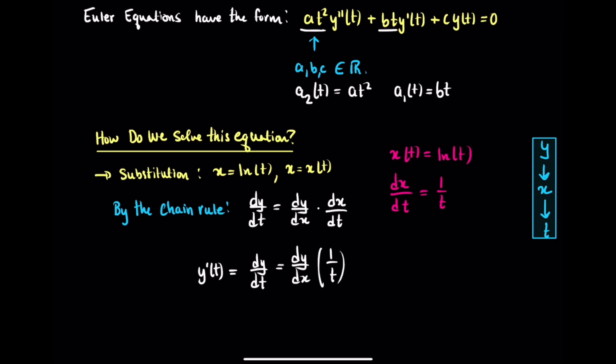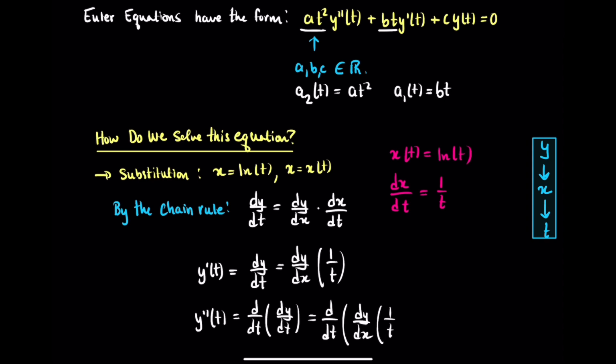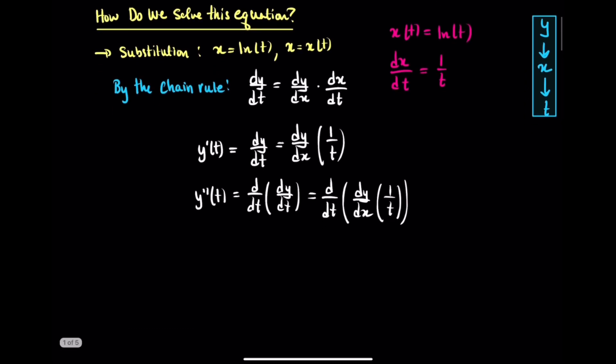Now we need to do the same for y double prime t. Y double prime t will be the derivative of dy dt, so it's the derivative of dy dx times 1 over t.